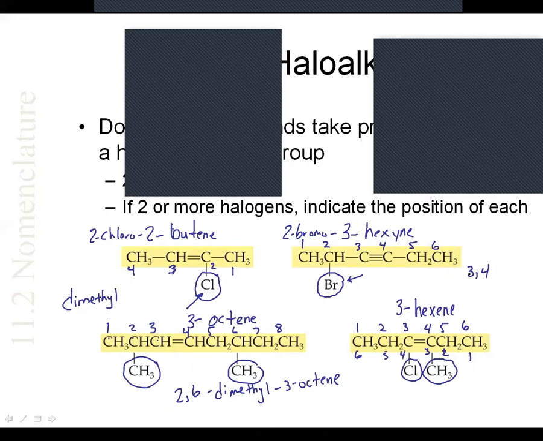And remember that when we put the groups together, it is alphabetical. So this is a methyl group. This is a chloro group, which means alphabetical wise, chloro should come before methyl, which means we actually would want to give the chloro group the smaller number.